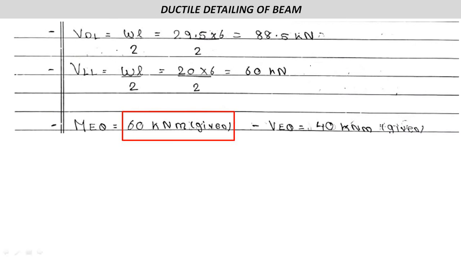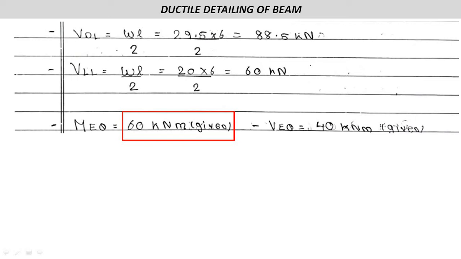Similarly, we will find it for the live load. For live load, we will use the value of live load as 20 into the length as 6 divided by 2, which is equal to 60 kN.